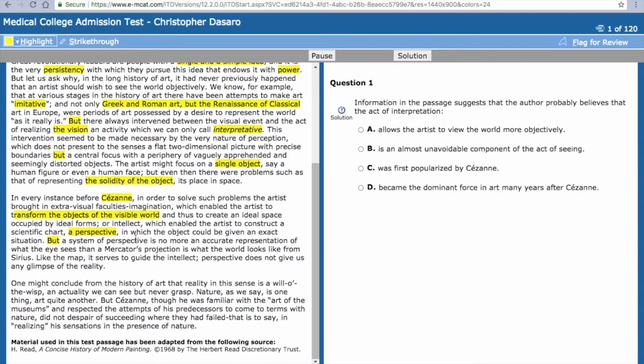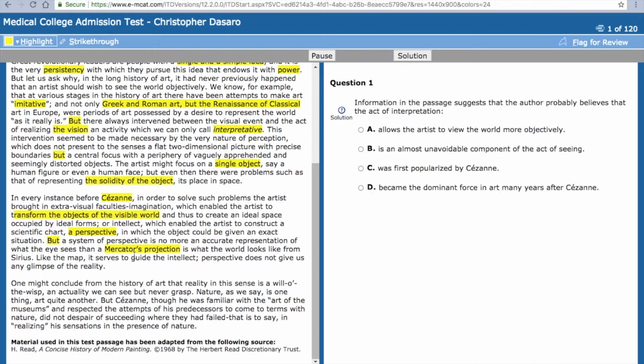Okay, so the author here is saying that a system of perspectives that these artists are giving is not so much an accurate depiction of real life, and the author is comparing that to a Mercator's projection. Okay, so now we're comparing depiction of reality in paintings to a map.